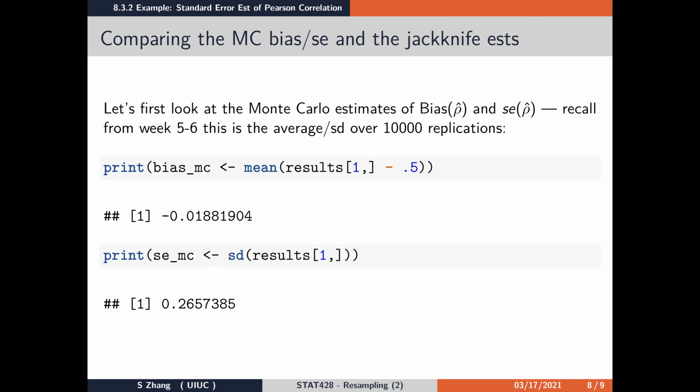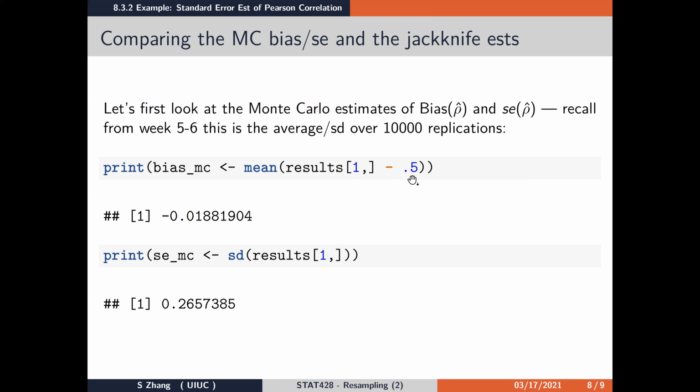So now let's look at the results and compare the Monte Carlo bias and SE with the jackknife estimates for the bias and SE. Let's first look at the approximation of the true values for bias and SE. These are given by the Monte Carlo estimates, bias of rho hat and SE of rho hat. Let's recall from the week 5 and 6 lectures that the bias is essentially the average over the 10,000 replications of rho hat minus true rho.